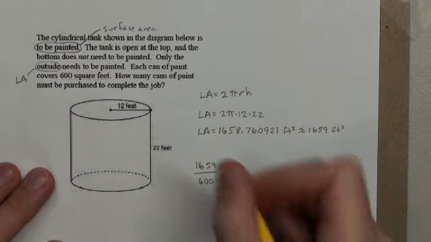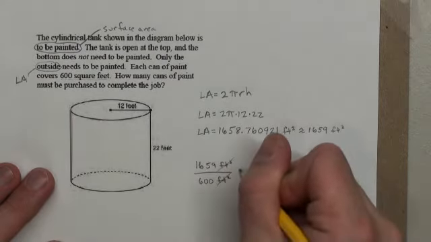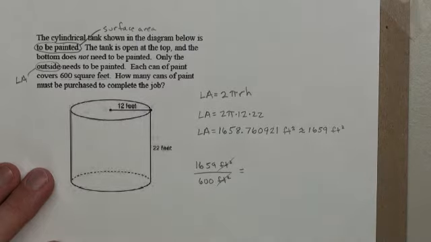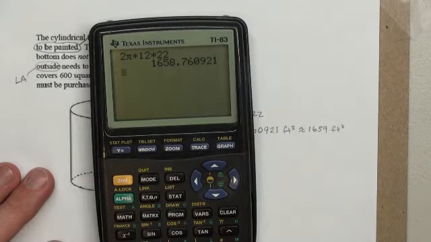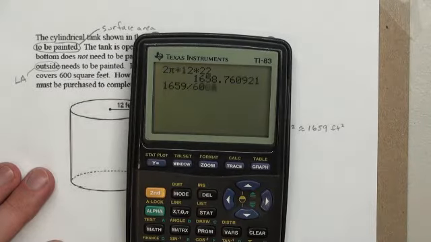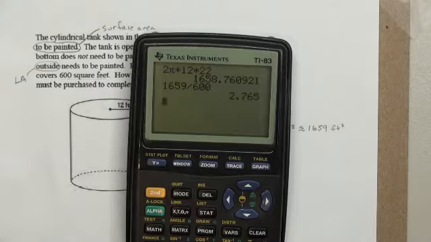Square feet, you could say it either way. Those will cancel, and that will tell me how many cans of paint I need. 1659 divided by 600. 2.765.